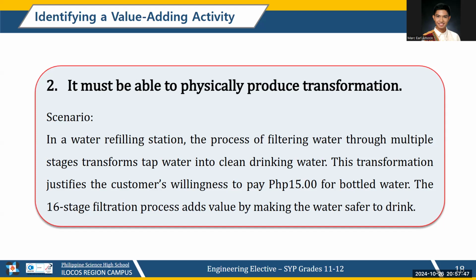Ibig sabihin nito, yung binabayaran natin na 15 pesos for a bottled water, what we are really paying there ay yung pagiging safe niya to drink. So maybe it underwent a 16-stage filtration process. So that adds value to our product by making it safe to drink.